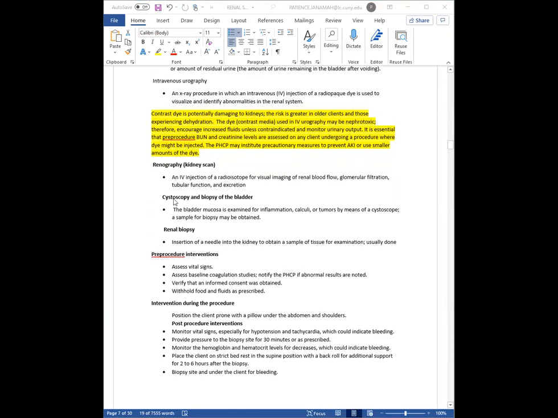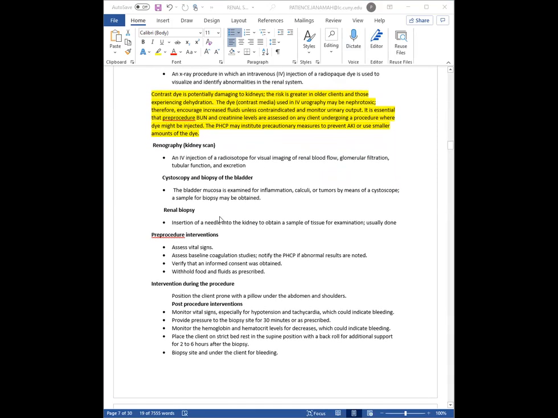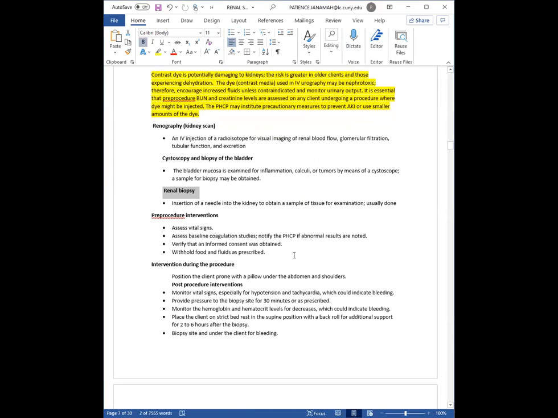We have the cystoscopy and biopsy of the bladder. They use a cystoscope to view inside your bladder, and then they do a biopsy. They cut a tissue portion of your urinary bladder. We have the renal biopsy. That's the one I just explained.